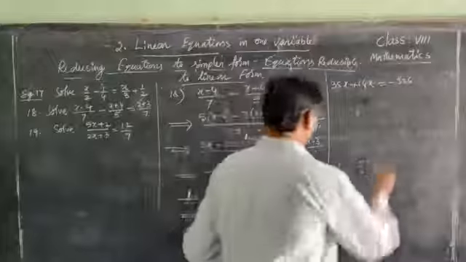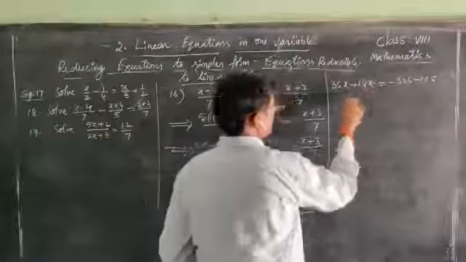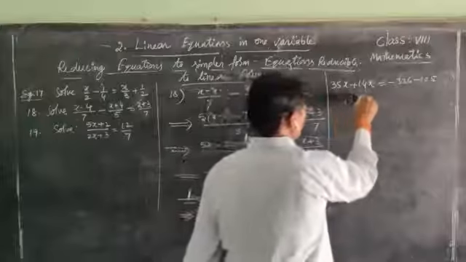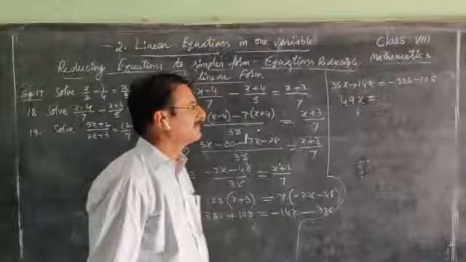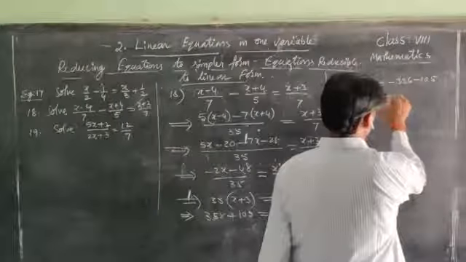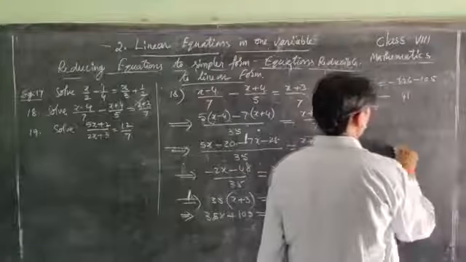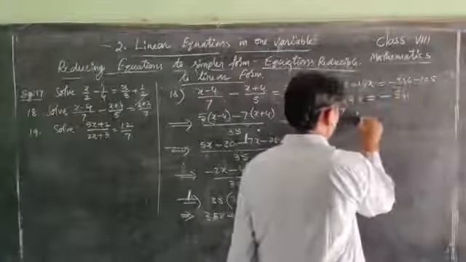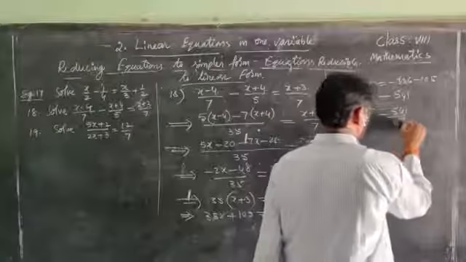This one to that one, that side minus 105. 35 to 49, equal to how much? The sum of them 49x, and these two are negative terms, the sum of them equal to 1145. Minus 541 by 49.